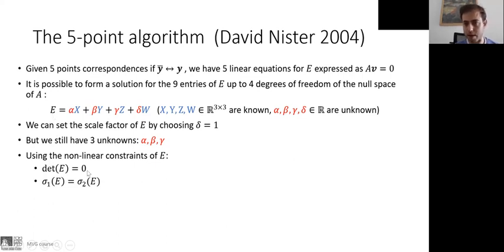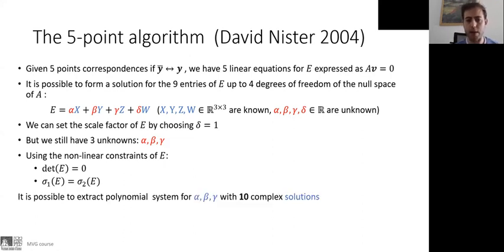So the determinant is easy to apply. We know how to calculate the determinant of the matrix, but satisfying the other constraint is more complicated, and I don't want to go into details about how to extract the equations for this. I'll just say that it is possible to extract a polynomial system for alpha, beta, and gamma, and this system has 10 complex solutions.